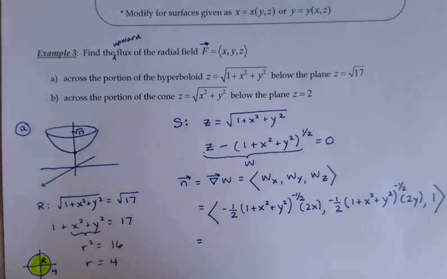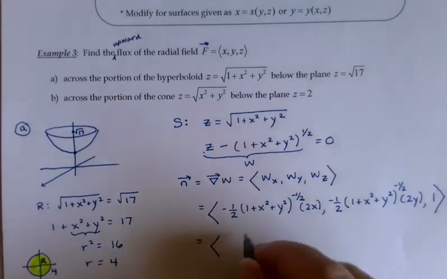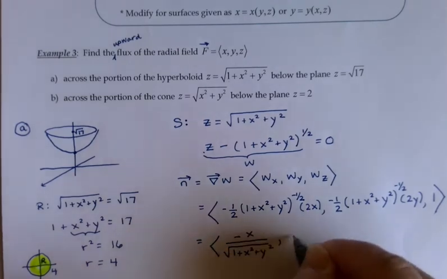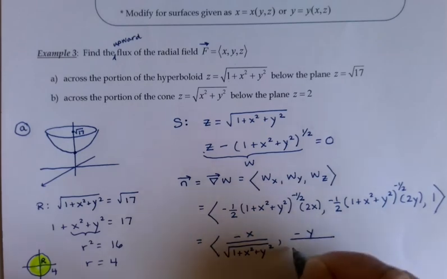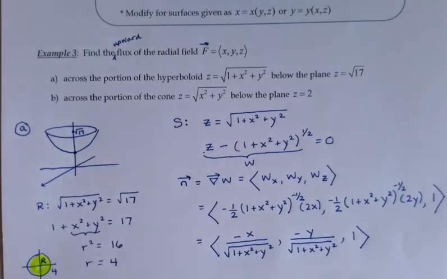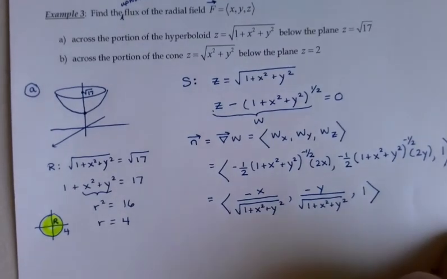Okay, a little bit more here. I'm just going to clean this up a little bit. Those 2's will cancel, so I would have a minus x over the square root of 1 plus x squared plus y squared. Similarly for the second term. And then the 1. All right, so we're getting there.